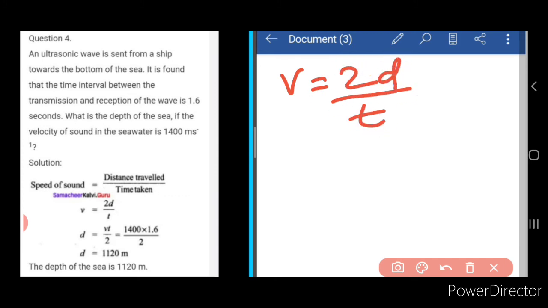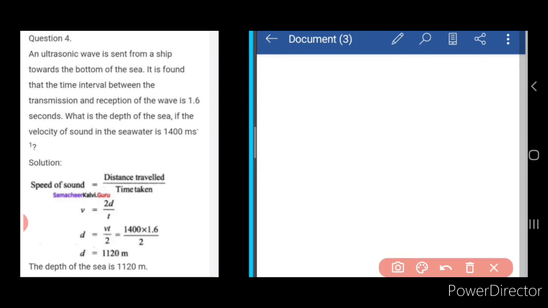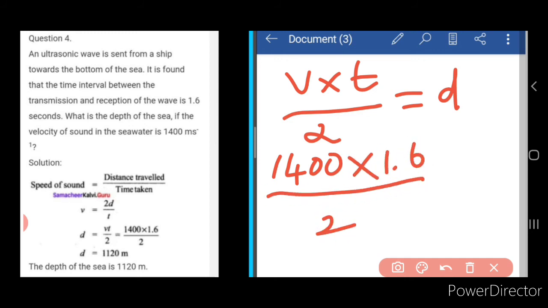Now what we have to find out? D. So let's move this T to the other side. So V into T divided by 2 is equal to D. This is the equation to find out the distance. Let's substitute the values of V and T to get D. V is 1400 into T is 1.6 divided by 2.